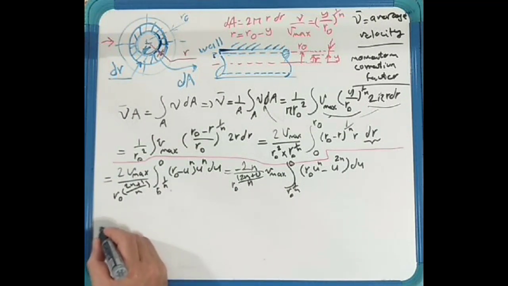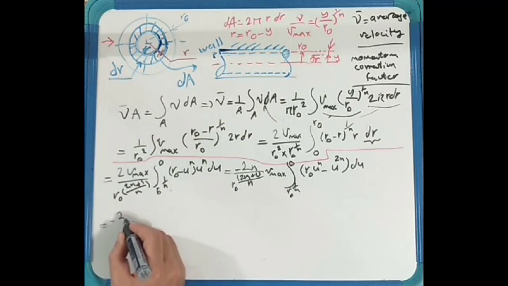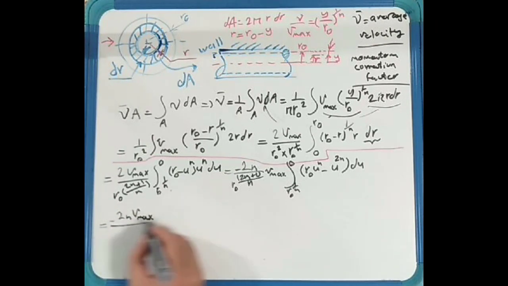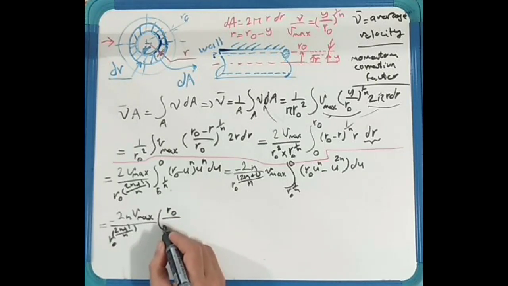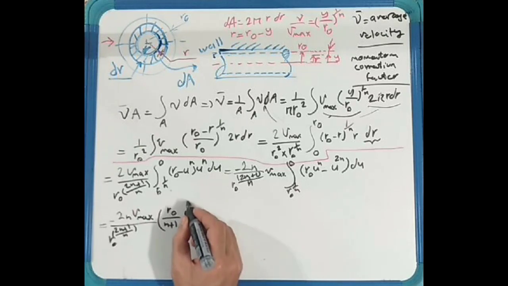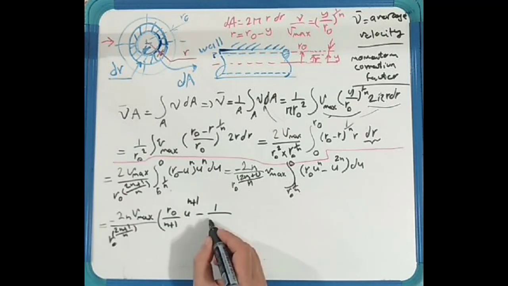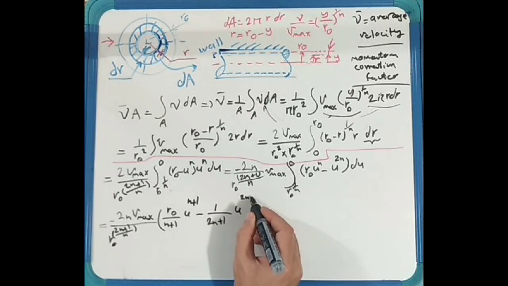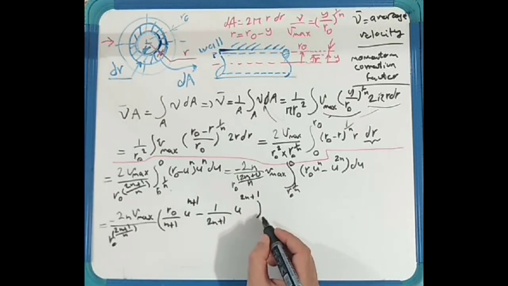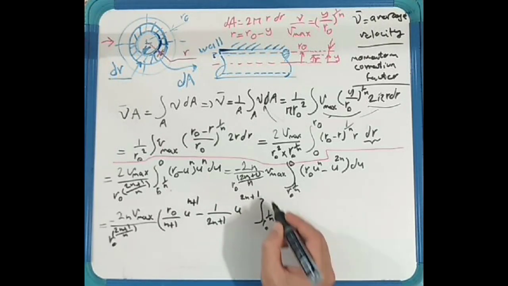It is equal to minus 2n V max R0 to the power of (2n plus 1) over n, divided by (n plus 1), u to the power of (n plus 1), minus 1 over (2n plus 1) u to the power of (2n plus 1), okay, from R0 to the power of 1 over n to 0.